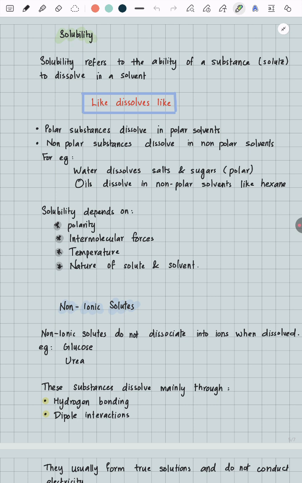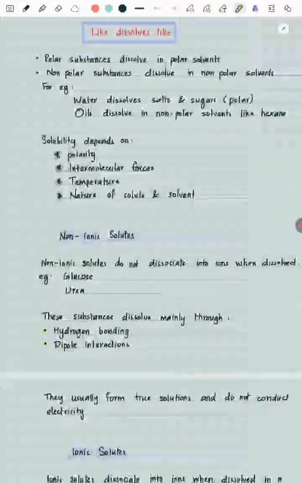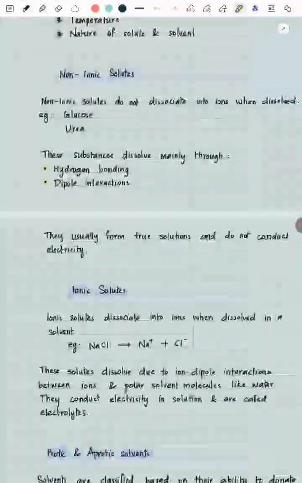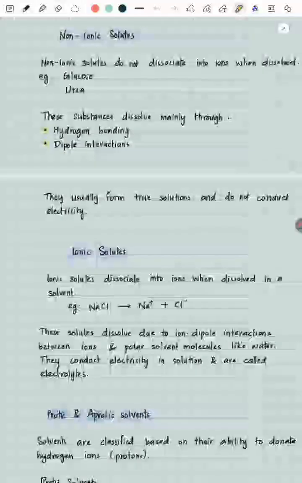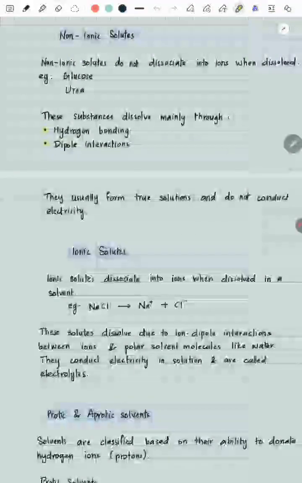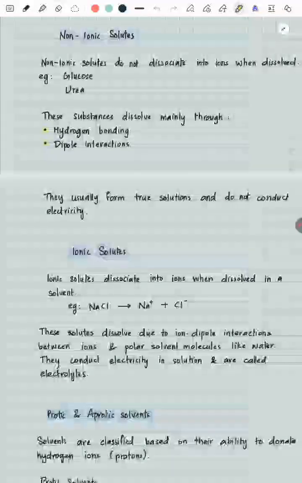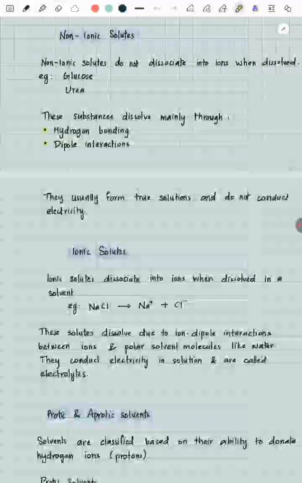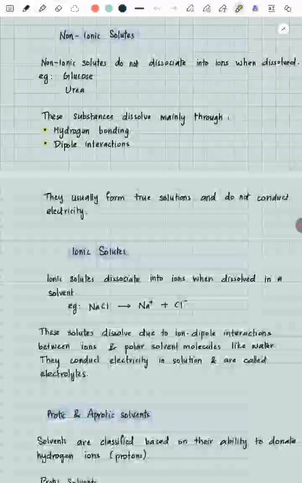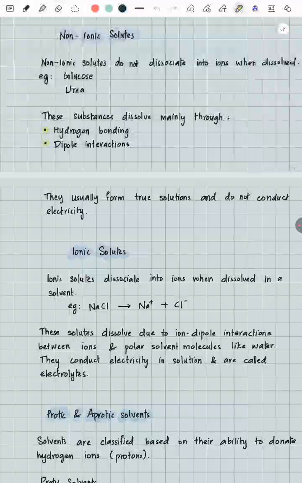At this point, we should differentiate between non-ionic and ionic solutes. Non-ionic solutes are substances that do not dissociate into ions when dissolved. They remain as whole molecules in solution and usually dissolve through hydrogen bonding or dipole interactions. These solutions do not conduct electricity.